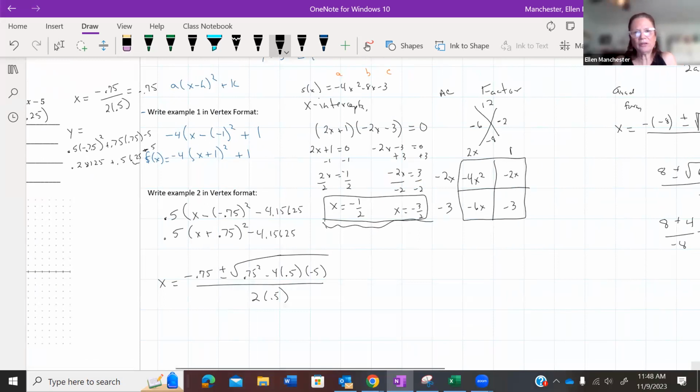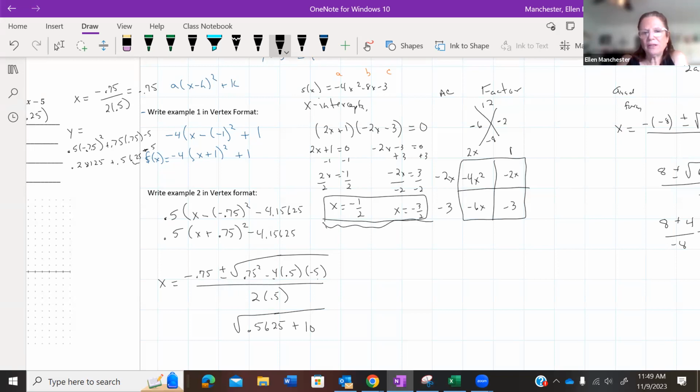Okay, so now it's just a matter of calculating. So again, order of operations, I'm going to find what's underneath my radical first. And then I'm going to do 4 times 0.5 times 5 is 10. And if you look, I have 2 negatives, which makes this a positive. So again, all I did is I did 4 times 0.5 times 5, and then I count my negatives.